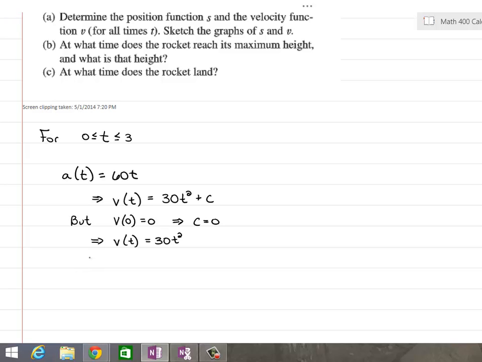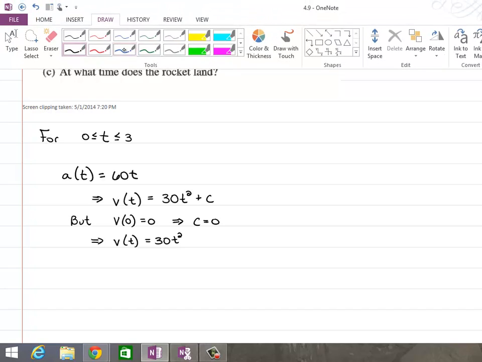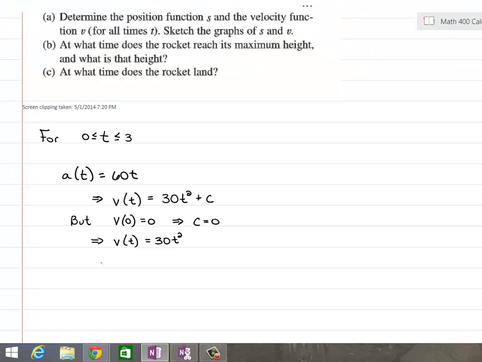And now we'll move on to maybe the position function for the first 3 seconds. Let me get a little more comfortable. I'm on my couch here. And I'll do position in blue here. So this will imply the position function will equal, taking the antiderivative, t cubed over 3 times 30, or in other words 10t cubed.